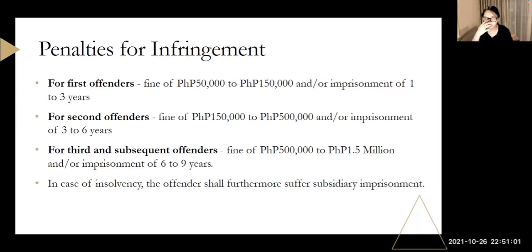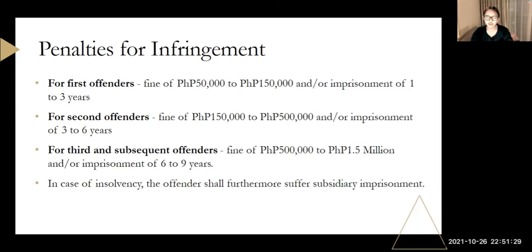Pag second offenders naman, fine of 150,000 to 500,000 Philippine peso and or imprisonment to 3 to 6 years. And for third and subsequent offenders, fine of 500,000 to 1.5 million and or imprisonment to 6 to 9 years.